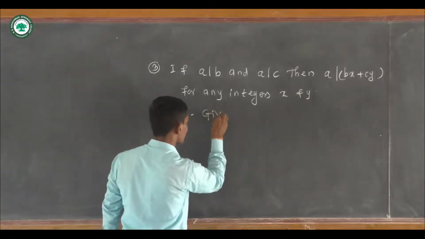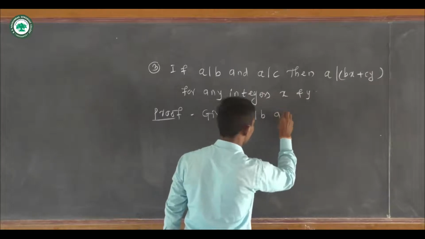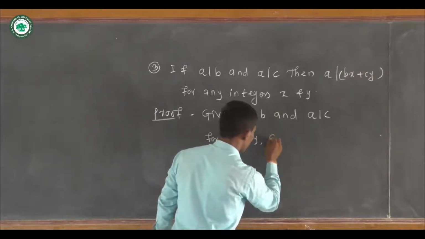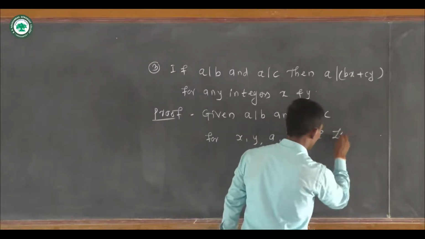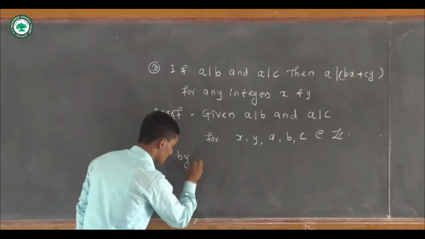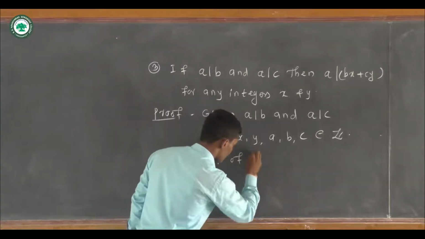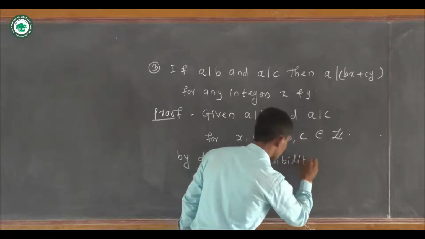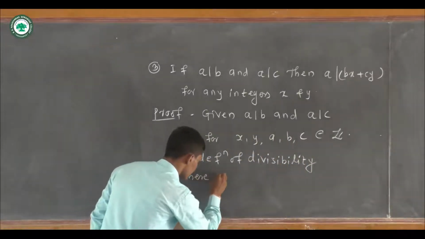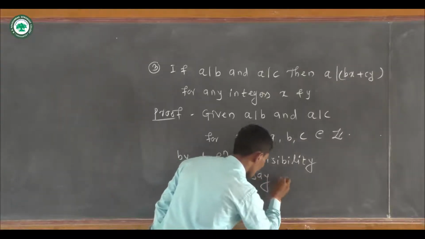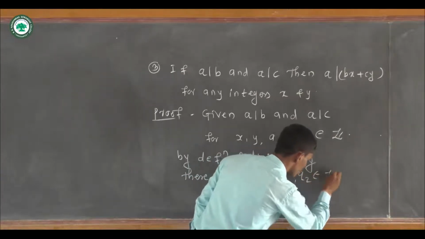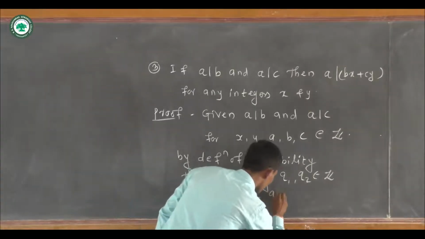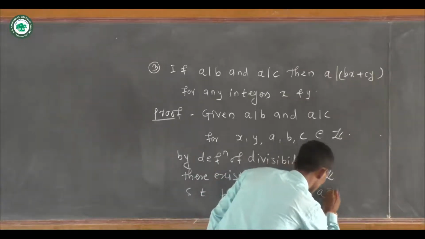Given a divides b and a divides c, for x, y, a, b and c all belonging to Z. Now by definition of divisibility, there exist, say, q1 and q2 belonging to Z such that b is equal to a into q1 and c is equal to a into q2.